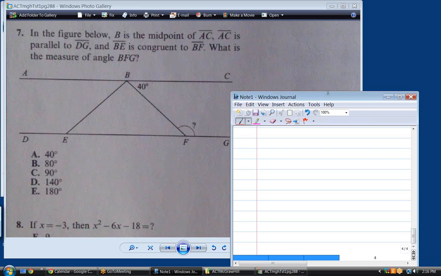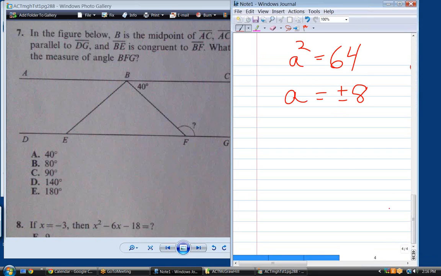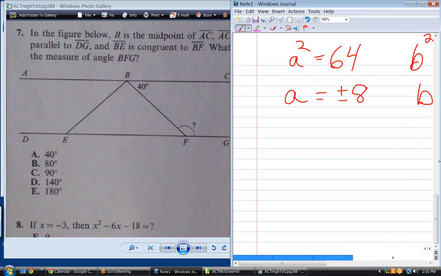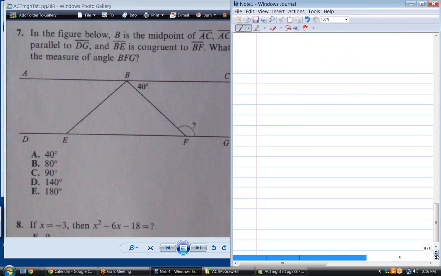But let's talk about parallel lines, because when you take geometry, they give you an awful lot of information about parallel lines. You really don't need it all. You only need to remember one thing. When I have two parallel lines and I have a transversal, I create 8 angles. But in reality, I only create 2 unique angles. And that's 1 and 2.